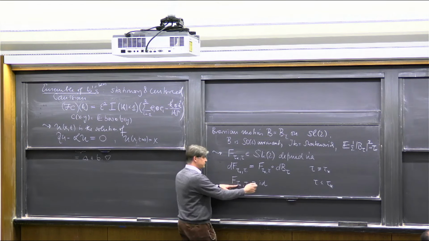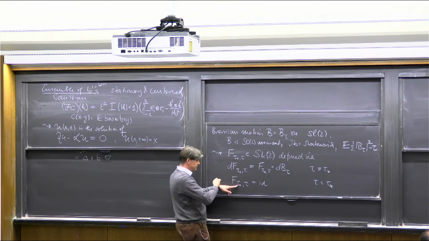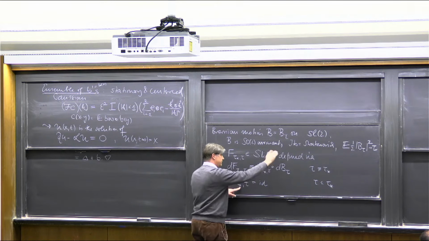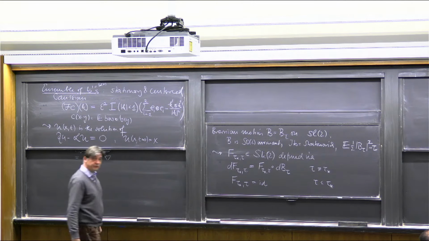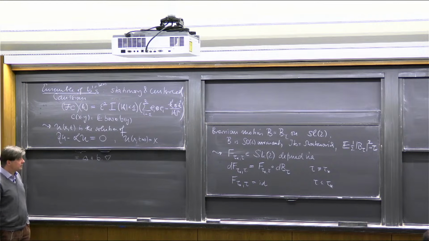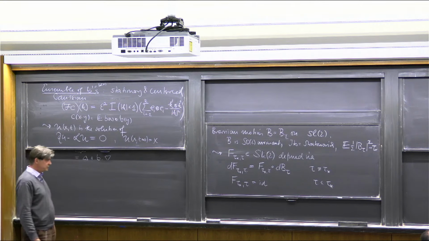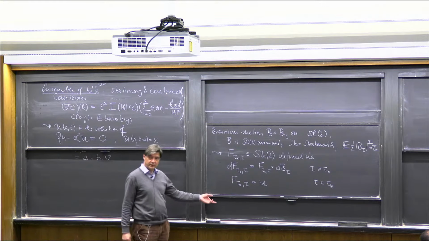And before that, you set f to be equal to the identity. So f is equal to the identity for a while, and then at time tau star, it starts satisfying this differential equation. This time is not random. I mean, you could also make it random, but in the application, it will not be random.